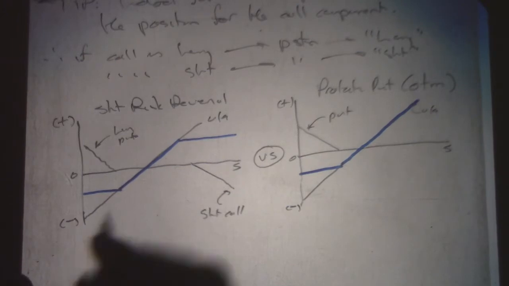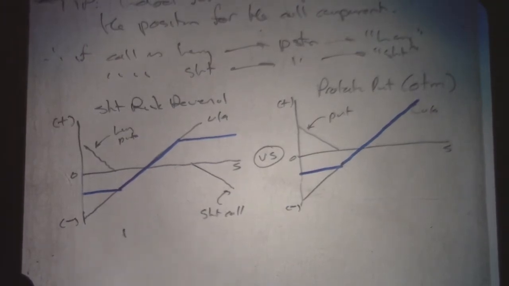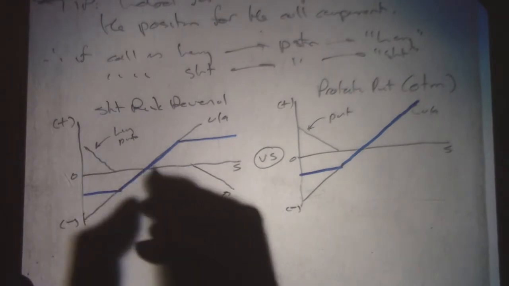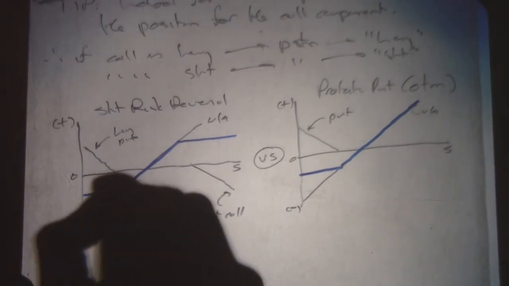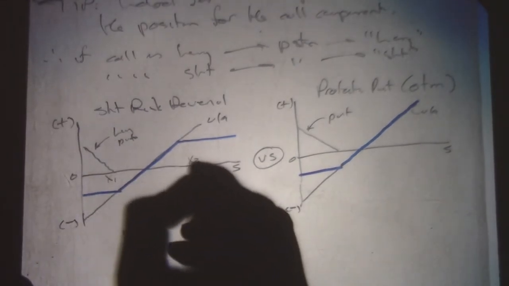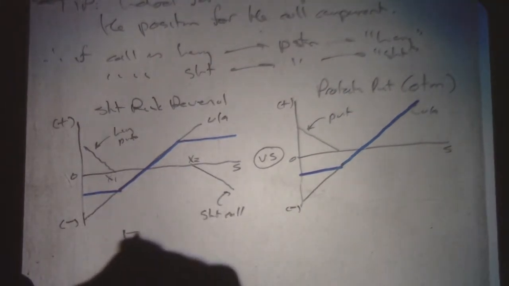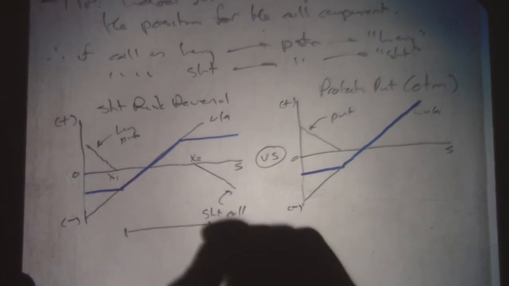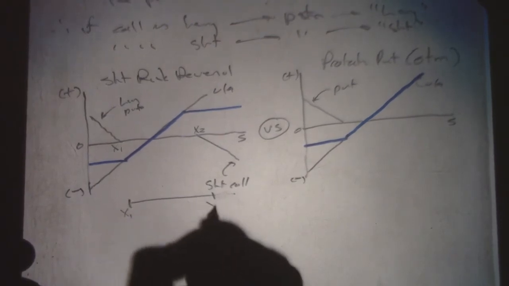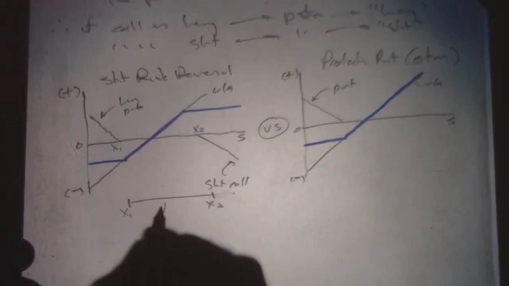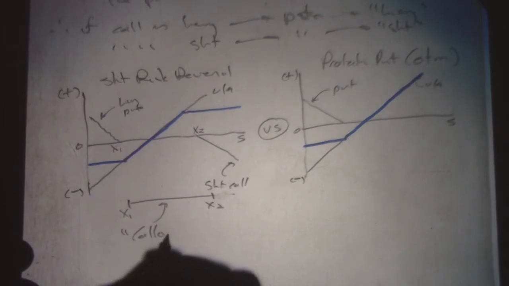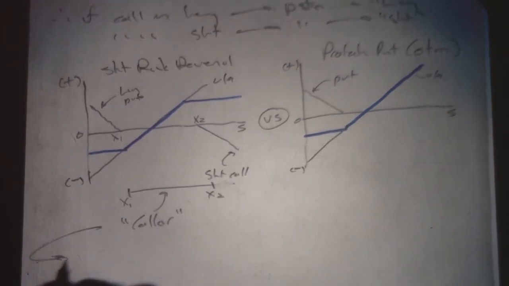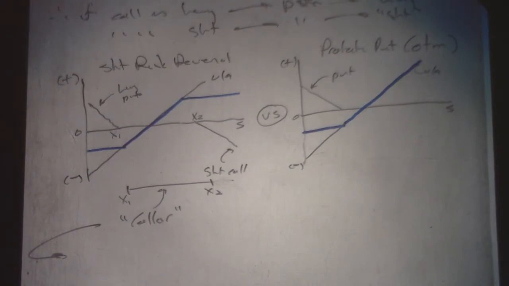And why is this thing also called a collar? Maybe I'll call this X1, and that's X2. So that range from X1 to X2, this is actually your collar. How would you describe that?